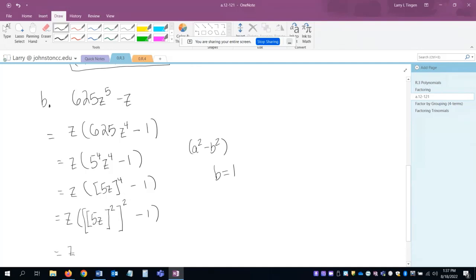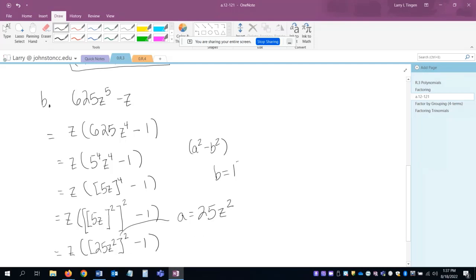What is it? So 5z squared is 25z squared. Now I have found it, that a is 25z squared.